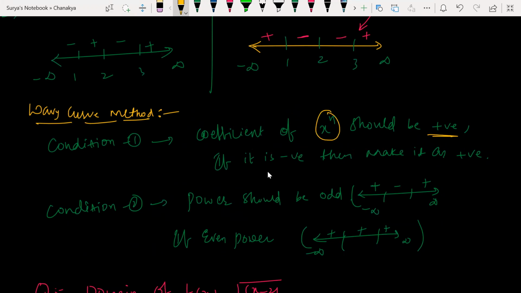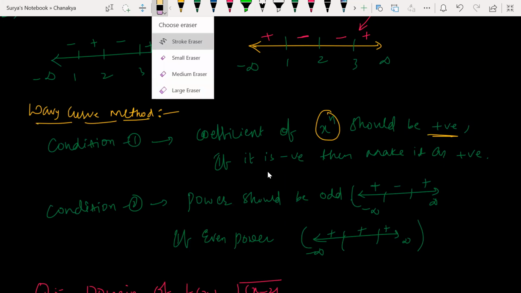If you have x into x minus 1 into x minus 2, there are 3 factors of x, so x cube, and the coefficient of x cube is positive here. If you have a positive coefficient, then you can apply the Wavy-Curve method. If it is negative, then you make it positive. How can we make it positive? I'll tell you in upcoming questions. Don't worry. That is condition number 1.